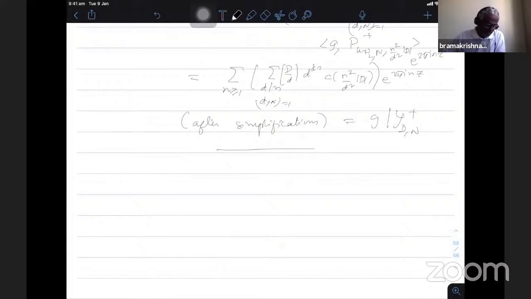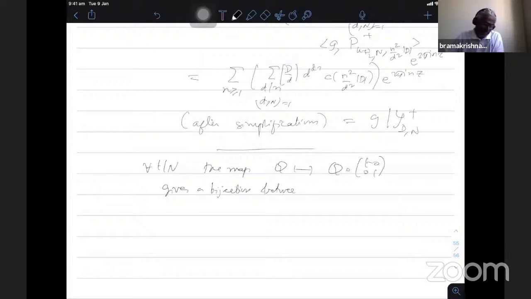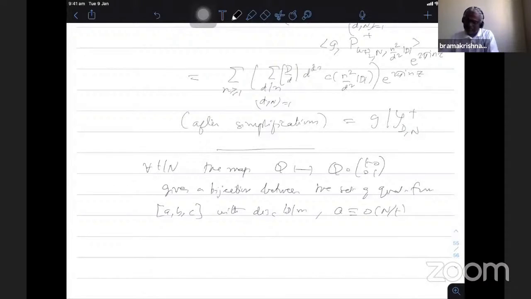So for that he takes this kind of bijection. For all t dividing n, the map q going to q applied to (t,0,0,1), there is an action of SL2 to the GL2 plus Q on the quadratic form. One can see that. So this gives a bijection between the set of quadratic forms ABC with a discriminant mod dm, a is congruent to 0 modulo n by t, because that's what we have.